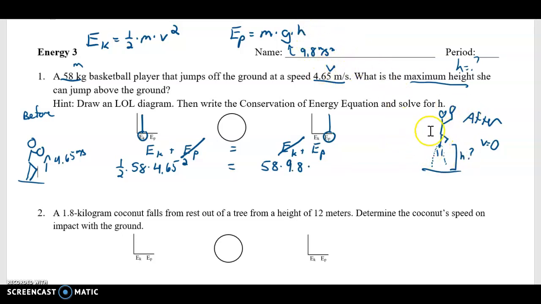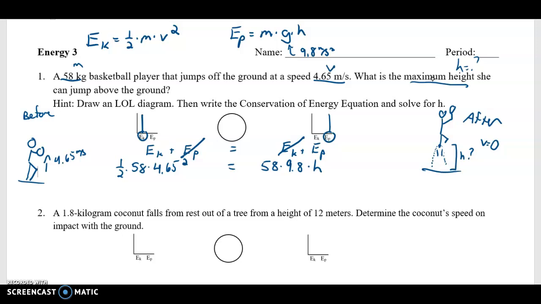And this is what we're really trying to figure out, because we don't know what height she has at the end of the problem. So we're just going to put in h. If you don't know what it is, you just leave the letter for it. And now I'm going to go through and do some simplifying and solve for that h. So I can take the 1/2 times 58 times 4.65.